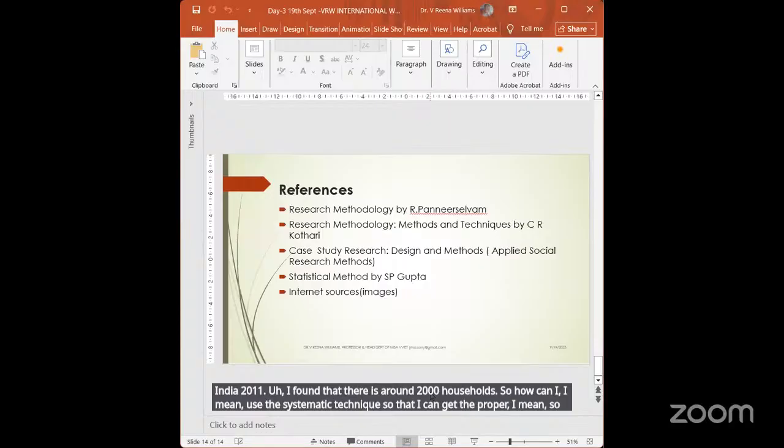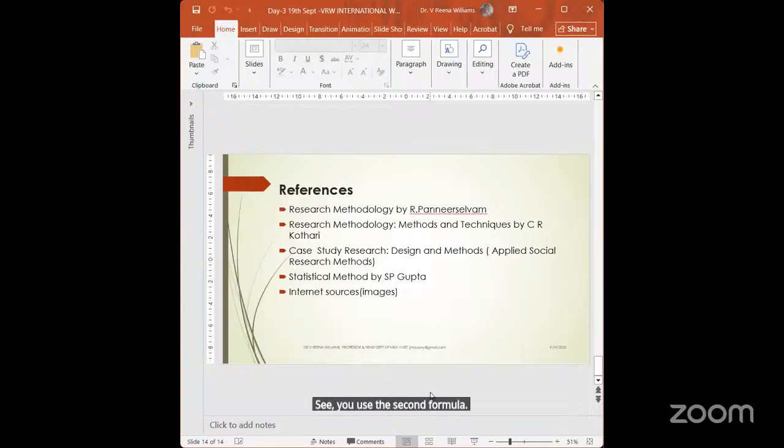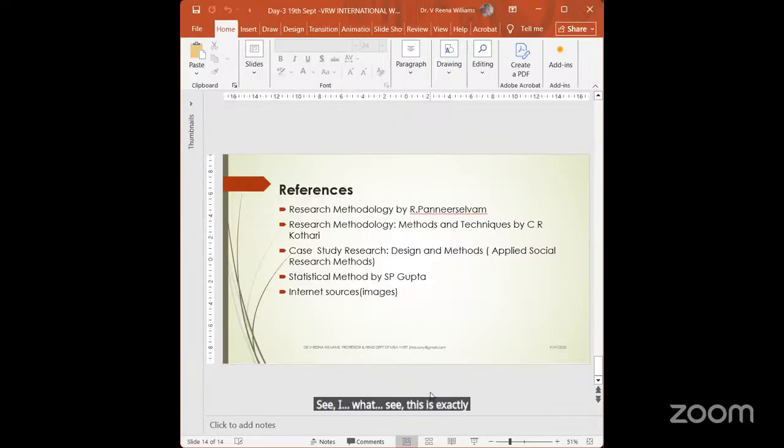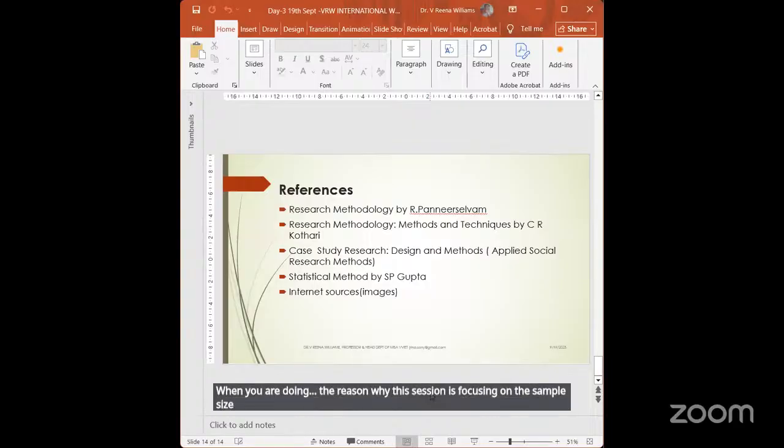See, you use the second formula which I mentioned. I just want to ask, is systematic sampling the correct one for conducting a household survey in the border region? Is it feasible? See, this is exactly what I was trying to say. The reason why this session is focusing on sample size is that research is systematic only.